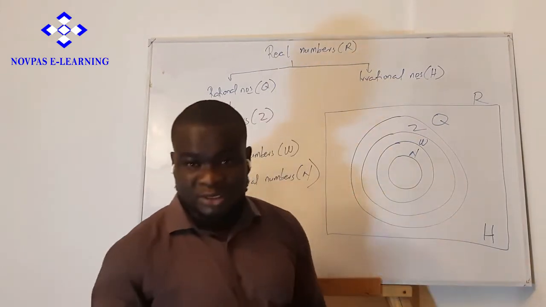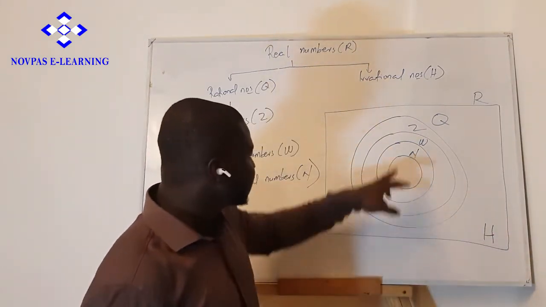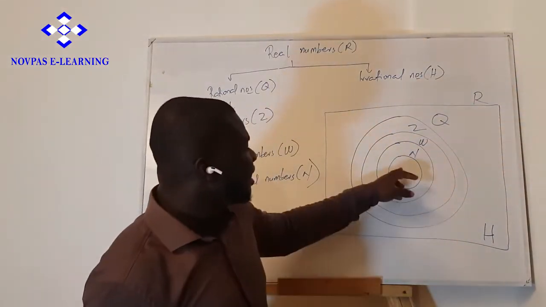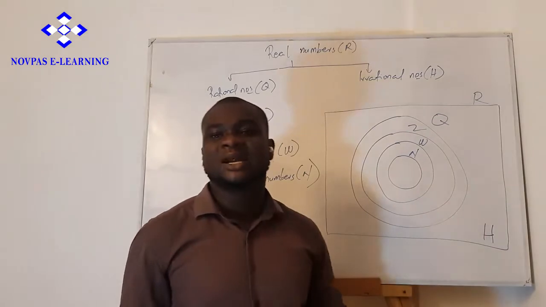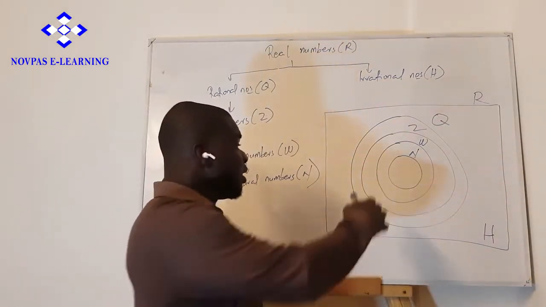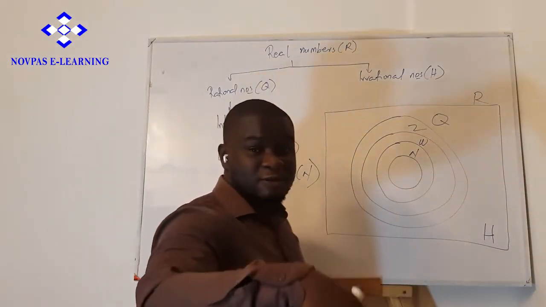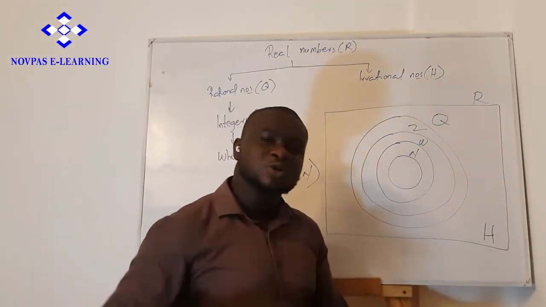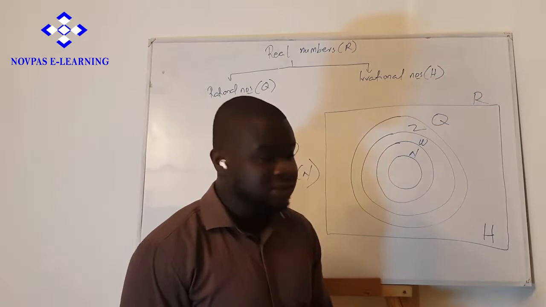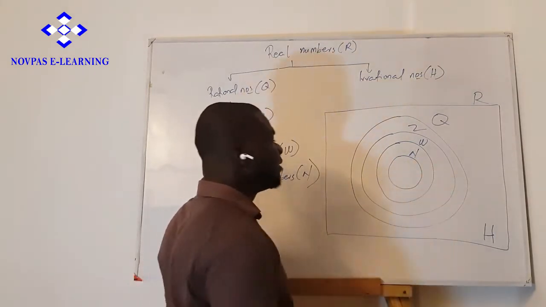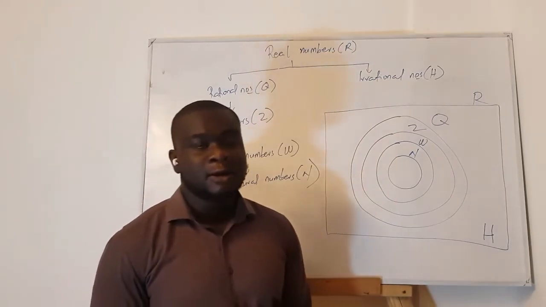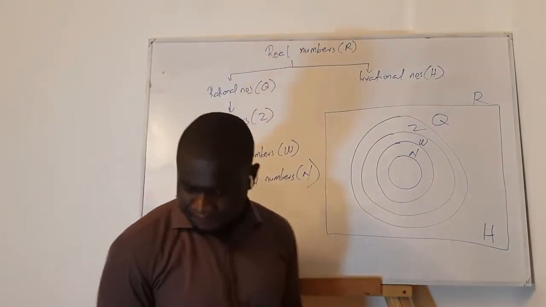Both negative and positive whole numbers with 0 inclusive, all right? So whole numbers can be found within integers, right? Then natural numbers or counting numbers are numbers that start from 1, all right? If it starts from 1, then it can be found within whole numbers, right? Because whole numbers start from 0, right? Good. So basically, there's a Venn diagram that represents what we've talked about earlier, okay?